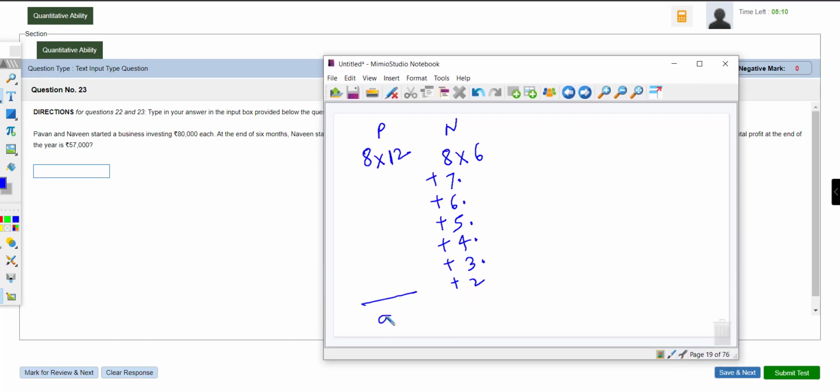Pawan's total is 96. Navin's: 8 sixes are 48. 48 plus 7 plus 6 is 13, plus 5 is 18, then 22, 25, 27. This addition is 77. Hold on, let me check this addition again.